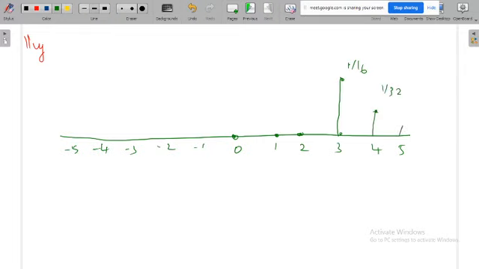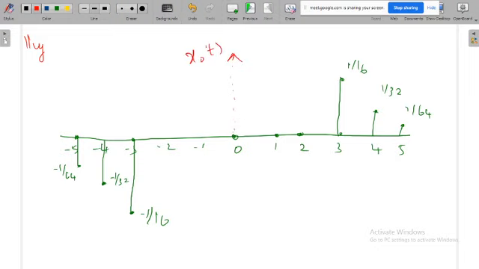Then most probably 1 by 64, like that it goes. Similarly, at n is equal to minus 3 we will be getting minus 1 by 16, at n is equal to minus 4 we will be getting minus 1 by 32, at n is equal to minus 5 we will be getting minus 1 by 64. So finally this is the odd component of the given signal.